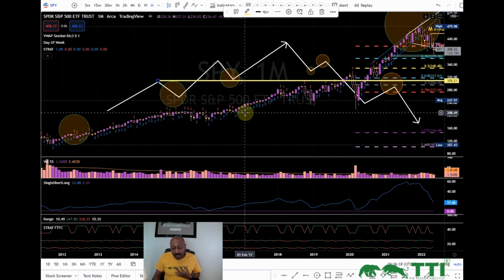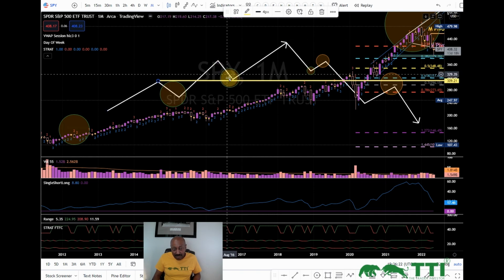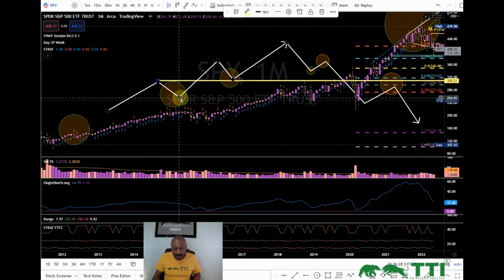I didn't even draw this intentionally this way, but look where this came down to. It came down to the previous high. Not only is this low higher than the previous low, this low also did not take out the previous high. So you know this is an area of value. This is what is called support.